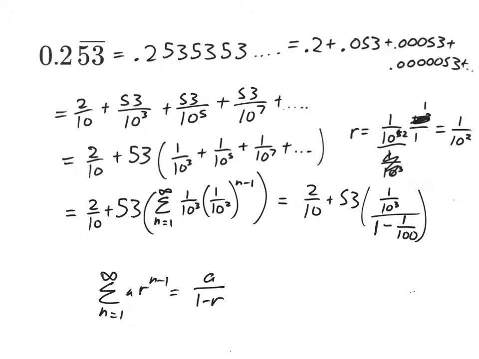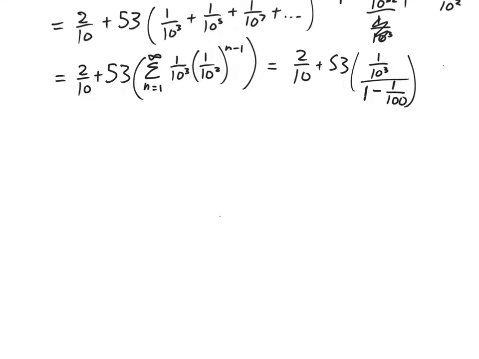So if I want to simplify this, I end up getting 2 over 10 plus 53 multiplied by 1 over 1,000 divided by, now this is going to be 100 over 100 if I get a common denominator. 100 minus 1 is 99 over 100.